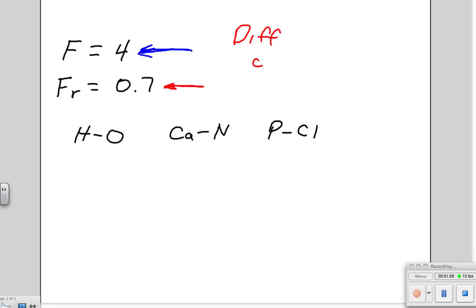If the difference is between 0 and 0.4, that bond is considered to be nonpolar. If the difference is 0.4 to 1, it's considered to be a polar bond. If it's 1 to 2, it's considered to be very polar.